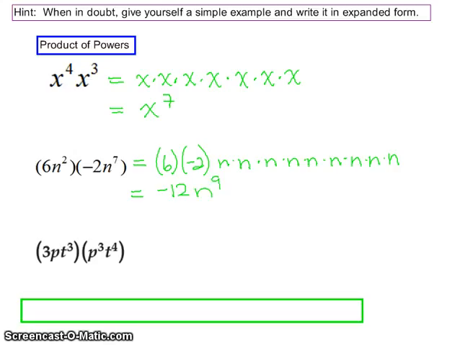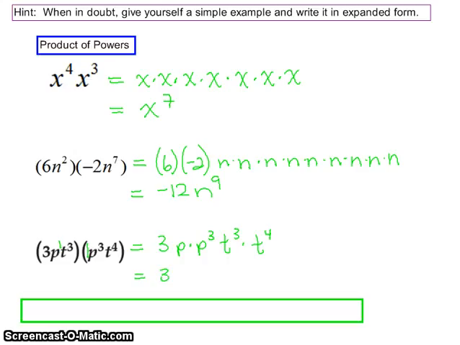And the last one, now we have different monomials that have two variables. Remember that the ghost 1 is here, so we have 3 times 1, and then I'm going to group the p's together, p to the first times p to the third, and then we have t to the third times t to the fourth.